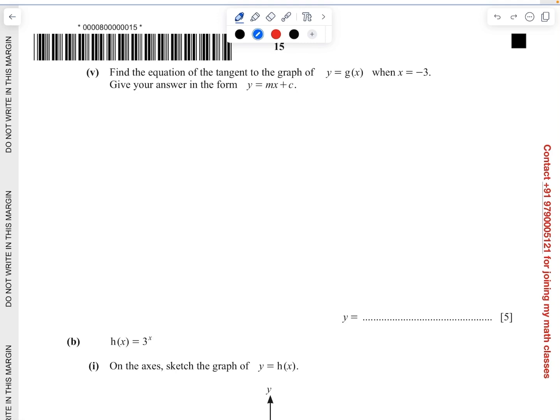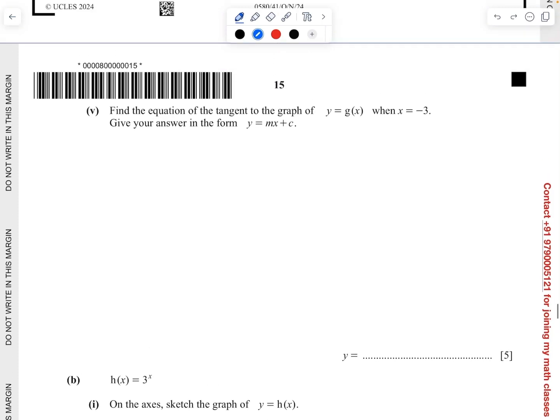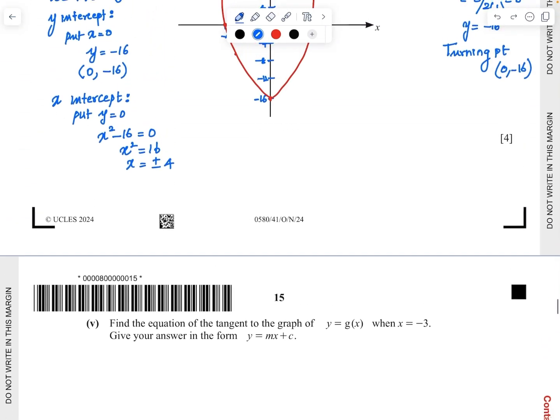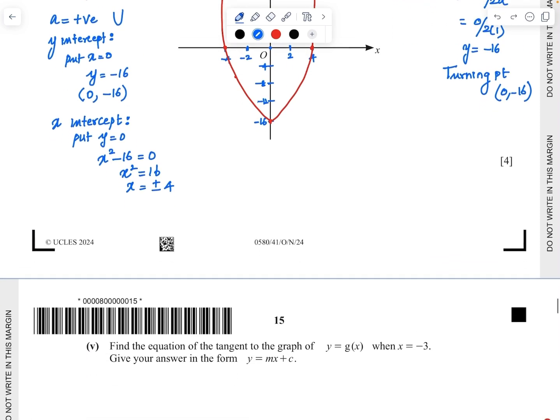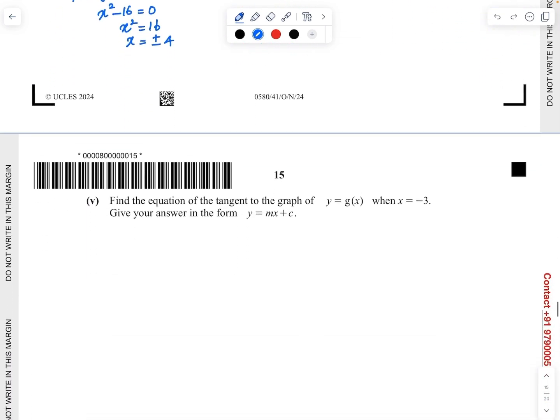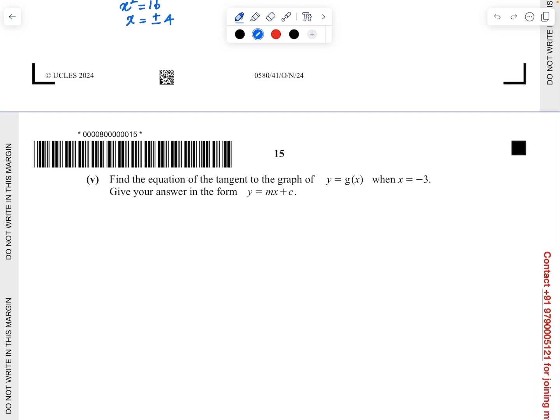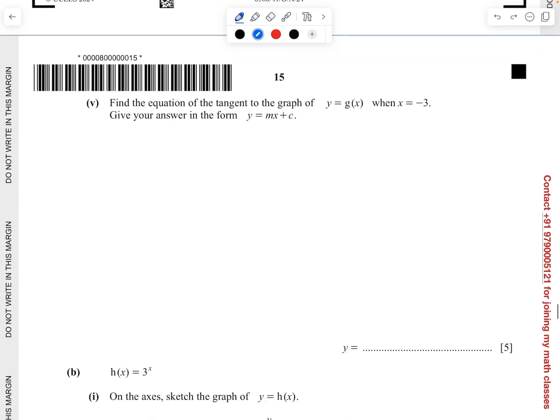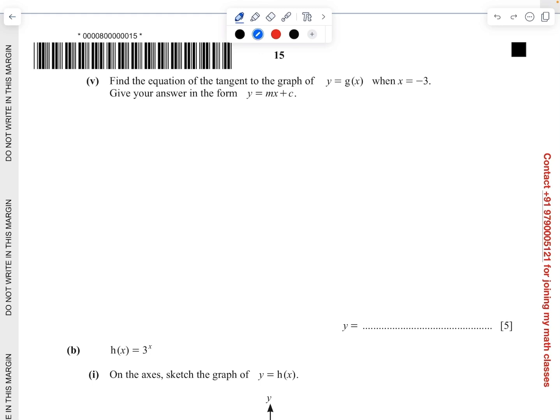Subdivision 5. Find the equation of the tangent to the graph of y is equal to g of x. So in our previous subdivision, we have done this parabola. In this parabola, we have to get the equation of the tangent which is passing through x is equal to minus 3.